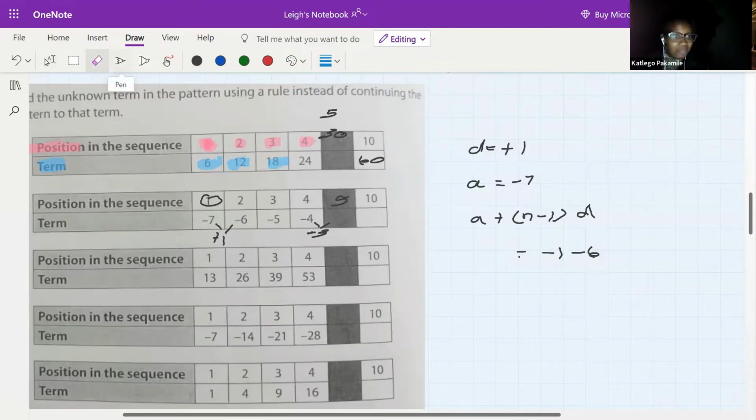Okay. So thanks to Teacher Coco, if you take the position, which is number 1, and subtract 8, you get -7. If you take position number 2 and you subtract 8, you get -6. Okay, so Sarah can tell us what number 10 is.